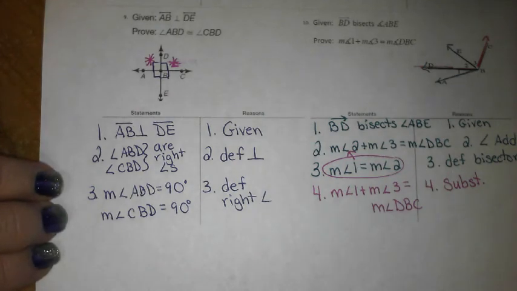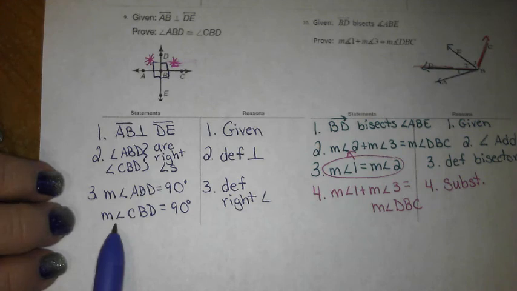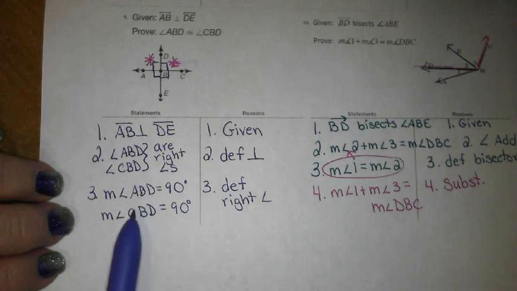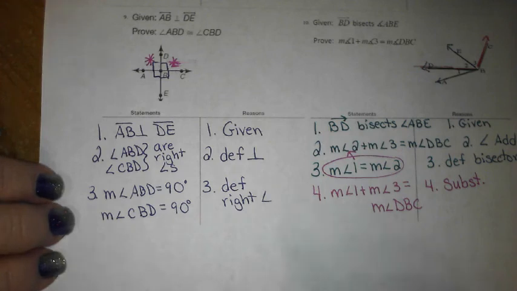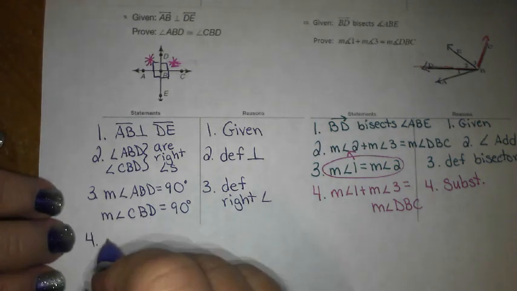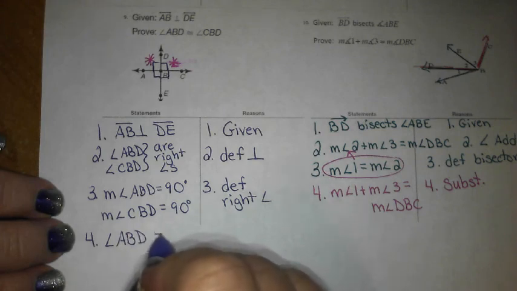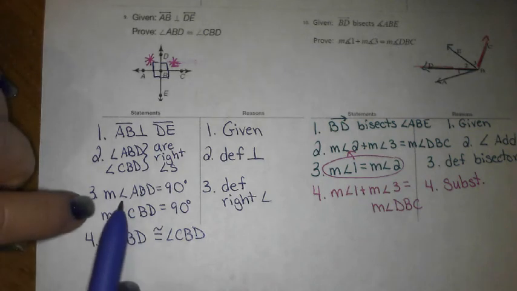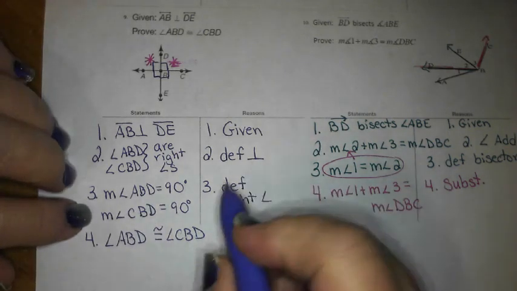We're almost there. Because, remember, if two things equal the same thing, they have to equal each other. So because both of these equal 90 degrees, I'm going to go on and say that angle ABD is congruent to angle CBD because they were equal to the same thing.